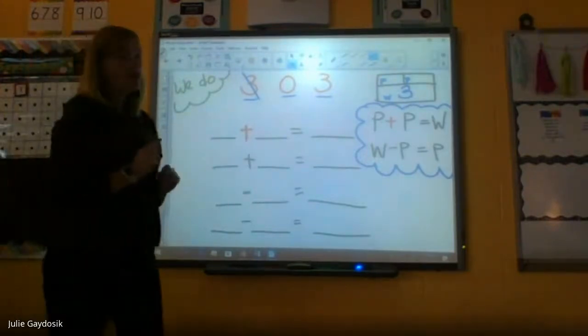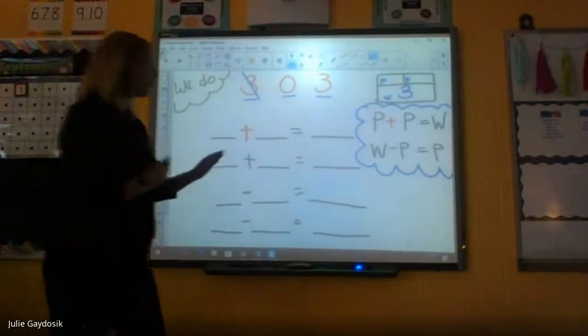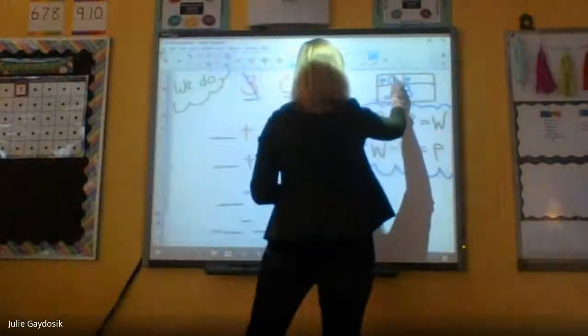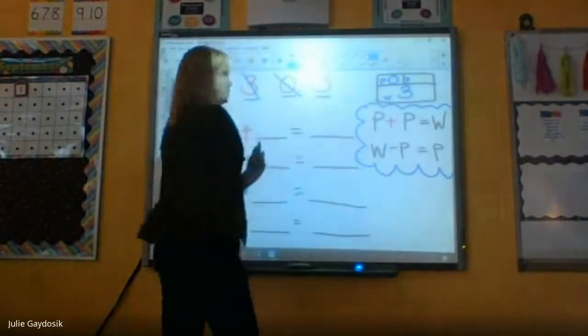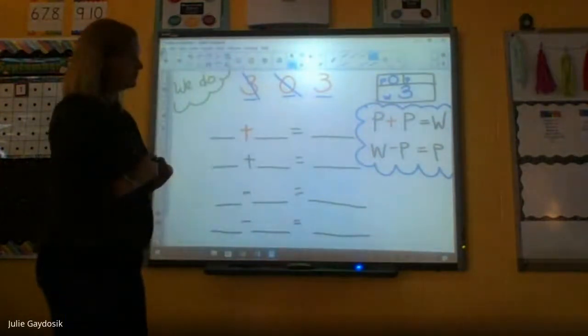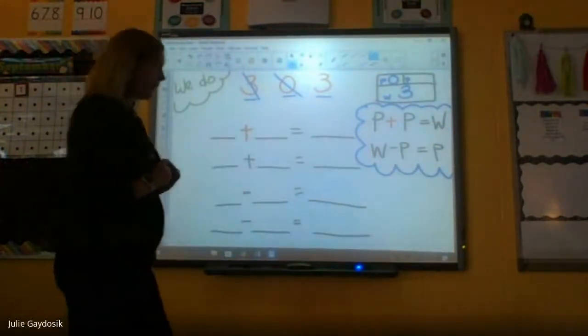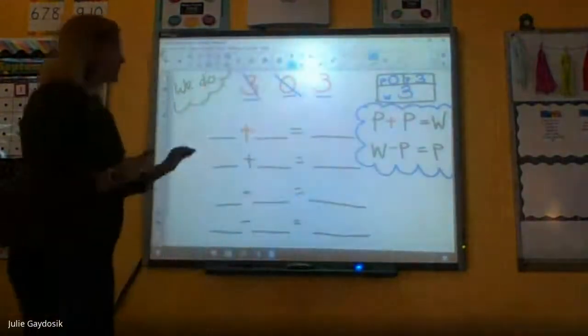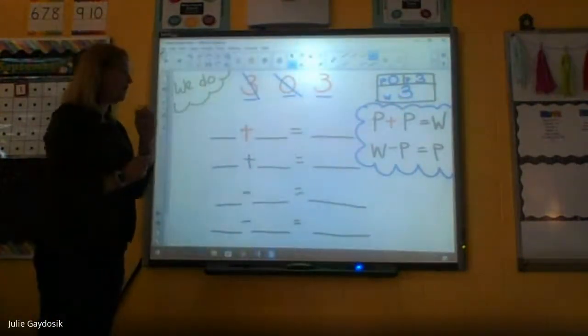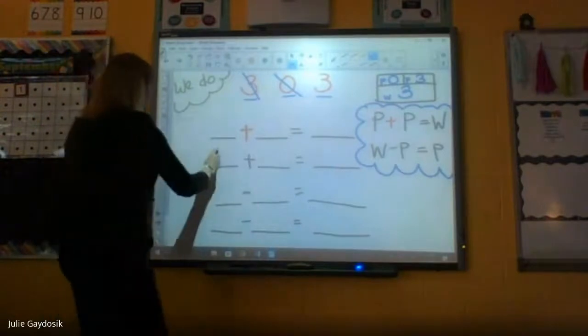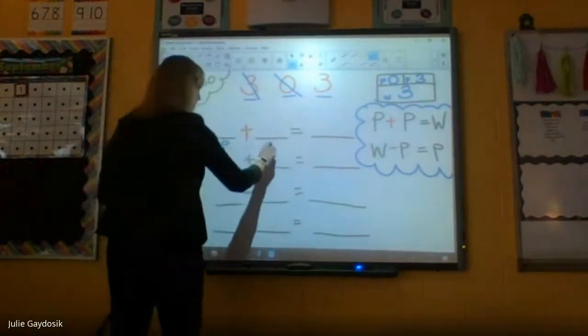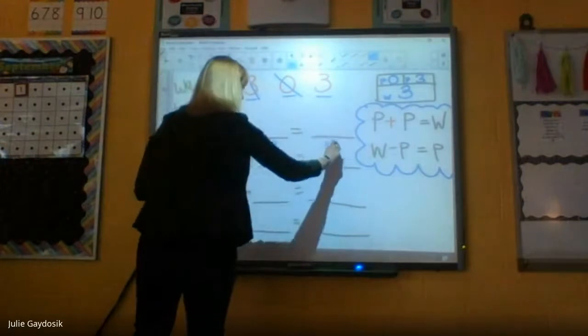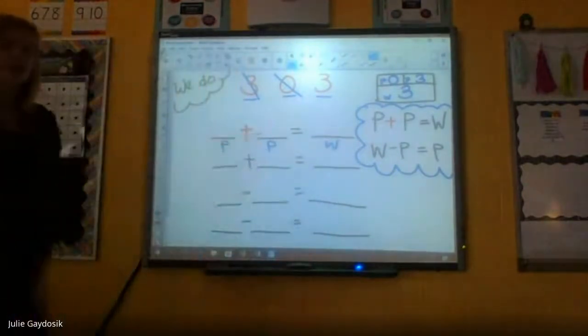Now, what is one of my parts? Right? One of my parts is 0. And what is one of my other parts? That's right, it is 3. So I now know my parts. 2 parts are 0 and 3, and a whole is 3. So remember, you might want to write the part plus part equals whole underneath each line to help you remember.